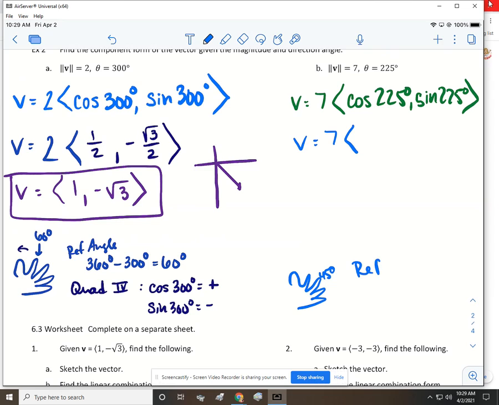But if we went through the whole process of finding the reference angle, 225 is in quadrant 3, and so we would do 225 minus 180, and that is going to give us our 45-degree finger.